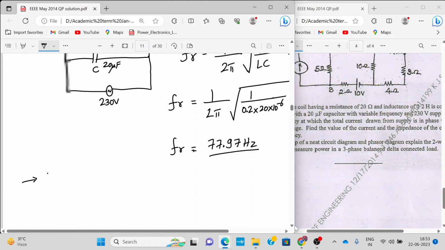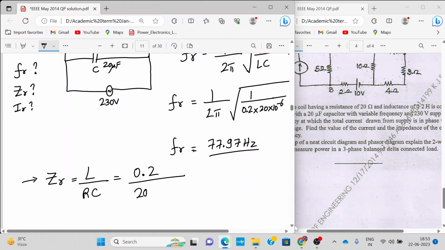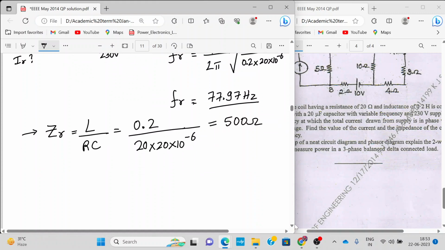Then, impedance at resonance is given by the formula L upon RC, that is 0.2 divided by 20 into 20 into 10 to the power minus 6. So this comes out to be 500 ohms. So you can cross check your answer. And finally IR, which is V upon ZR. V is given as 230, ZR is 500.